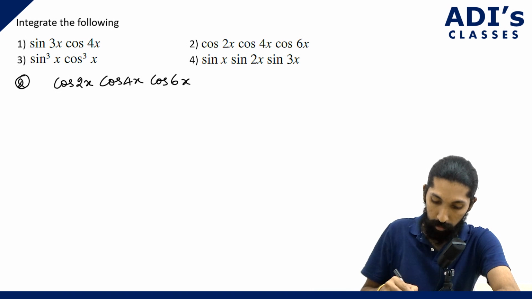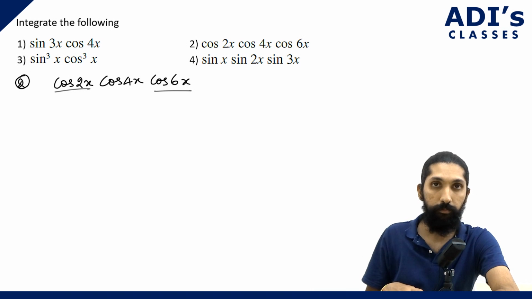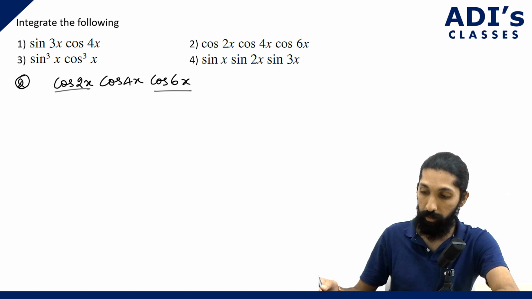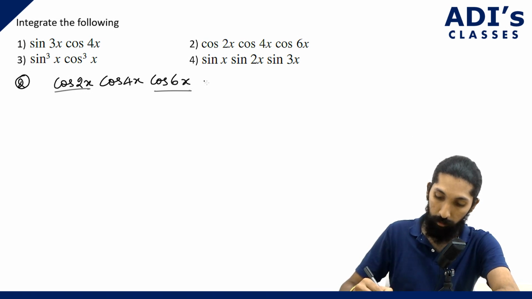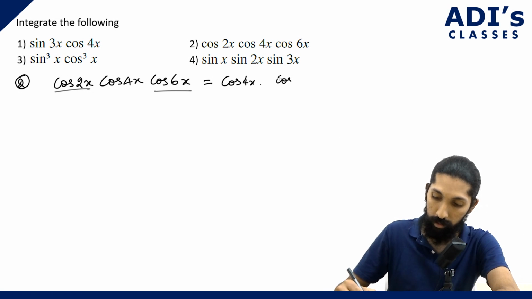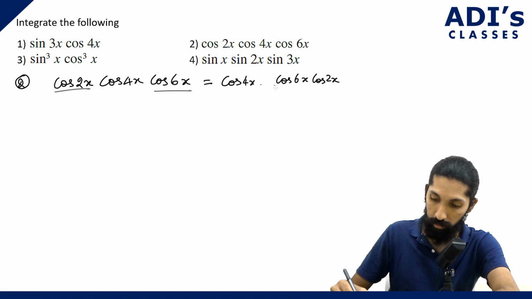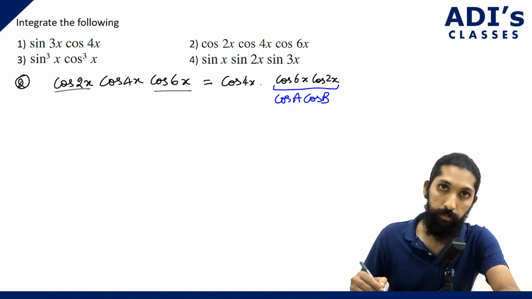So we'll group cos 2x and cos 6x. Once you group it in that format, we have cos 4x into cos 6x cos 2x. Now this is of the form cos A into cos B, correct?